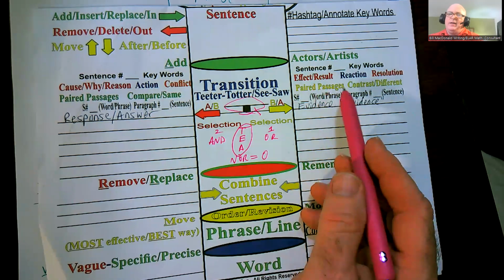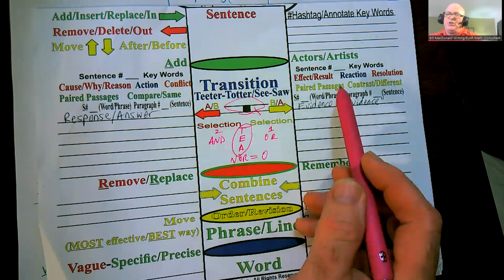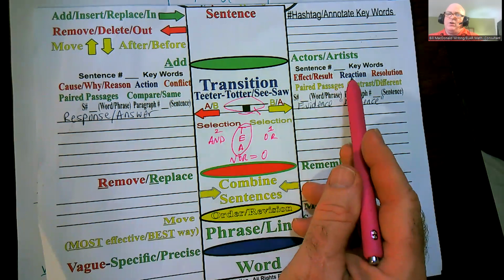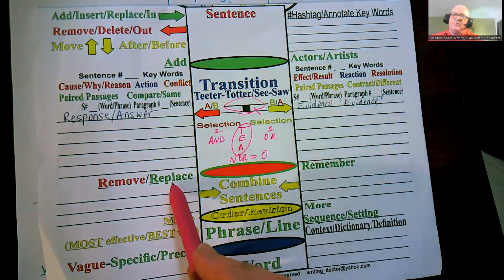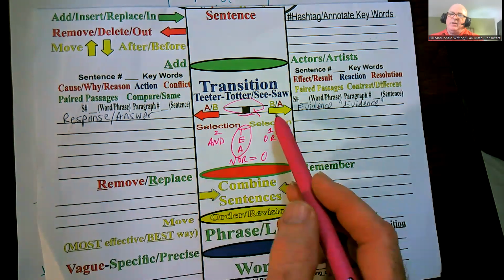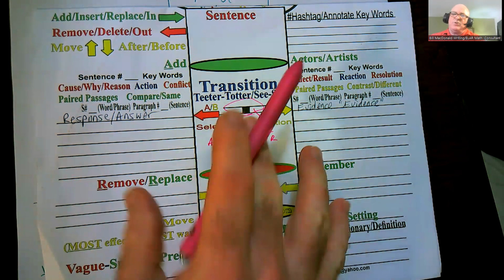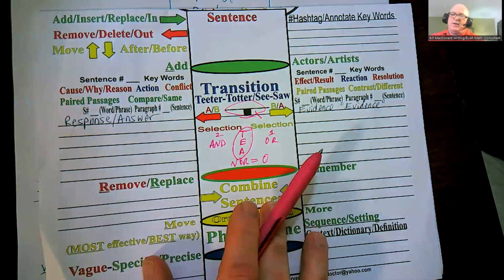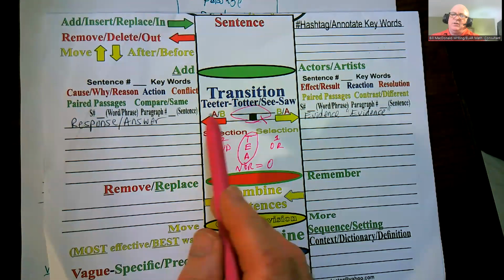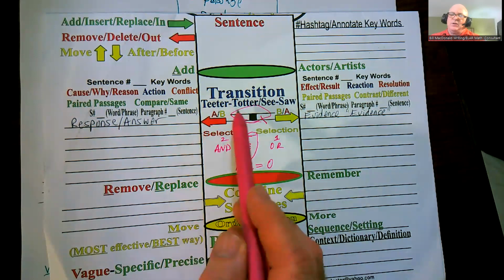And so they have to remove, for example, if the action reaction relationship between two consecutive sentences, if the reaction is wrong, then they would practice this concept of removing that reaction and replacing it with a different reaction that would be more appropriate and more specific to the content and the context of the passage. And so that's how I would use the transition, the teeter, transition, totter, see, transition, saw.